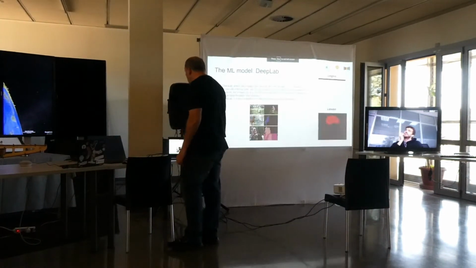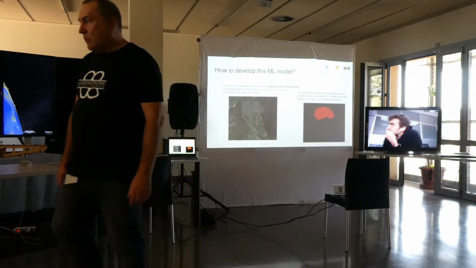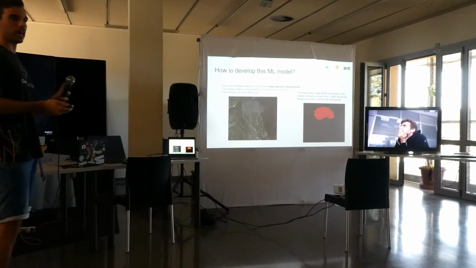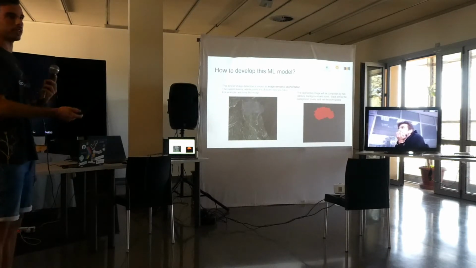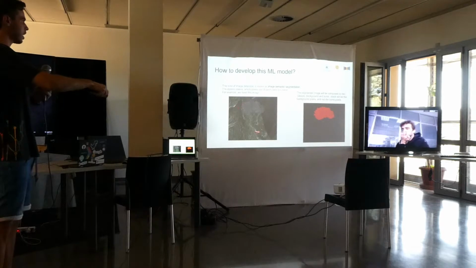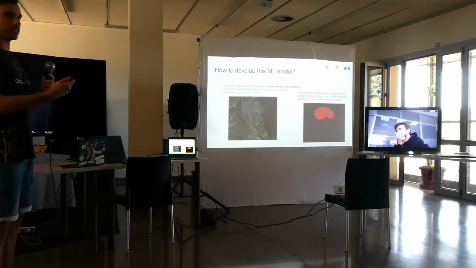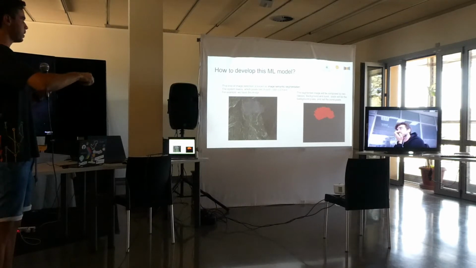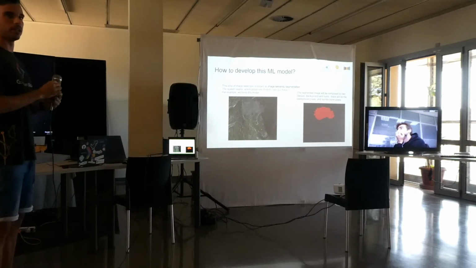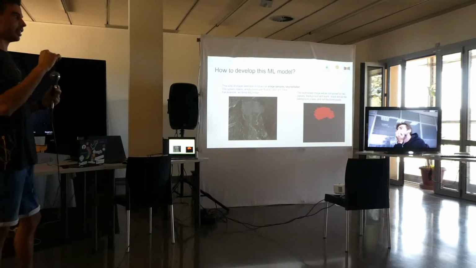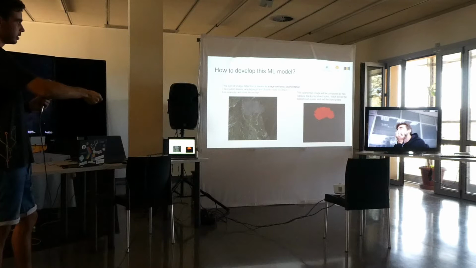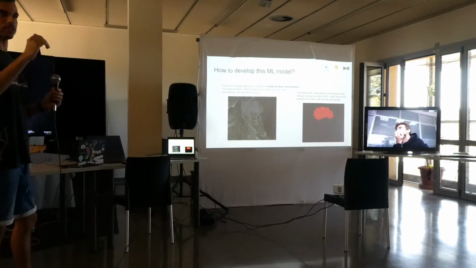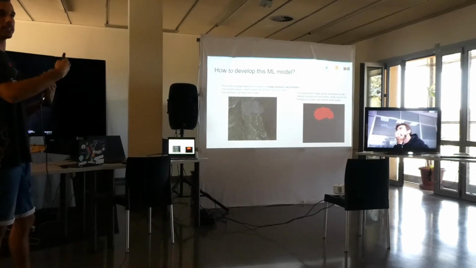For example, here, this is my training data, this image. This is the input data. This image and this image have the same name, and as they have the same size, the system knows that pixel 0,0 is, for example, 100 red, 90 green, and 20 blue. And here, pixel 0,0 is 0,0,0. So it's black, it's a background pixel.